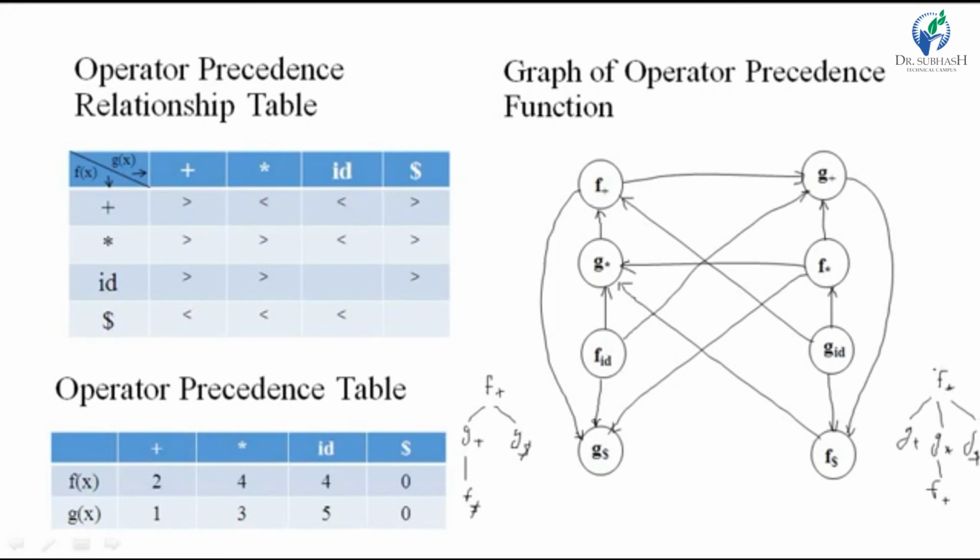So this is at level 0, 1, 2, 3 and 4. So F star is 4. So thus you can find all the precedence table values. So this is your operator precedence table.